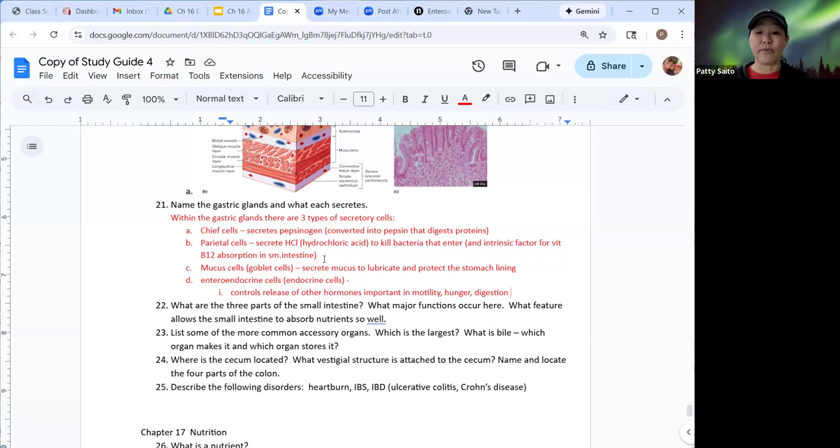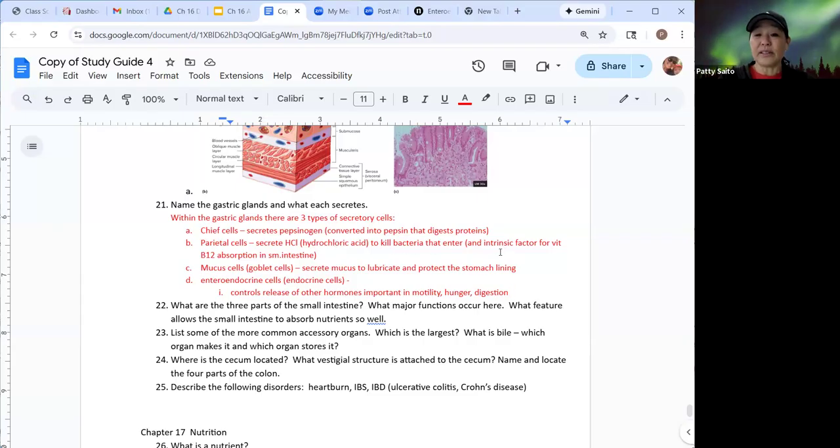Hydrochloric acid has a pH of 1, all right? And it kills pretty much everything that comes in, almost. Kills the bacteria, so when you eat that food that's been sitting out a little too long, right? Hopefully your stomach acids, your parietal cells, will secrete enough hydrochloric acid to kill everything.